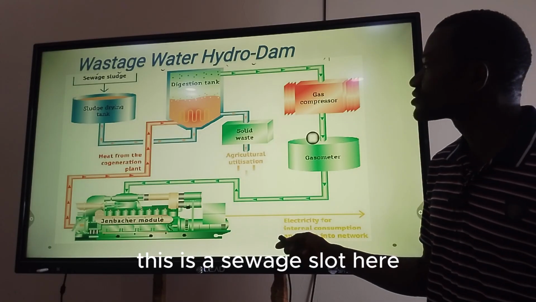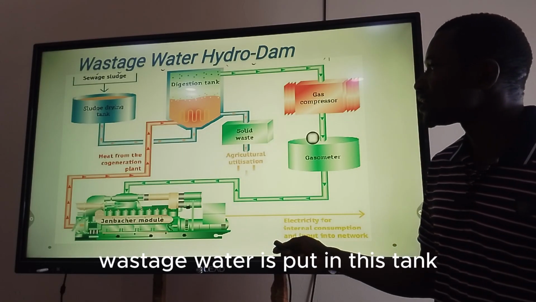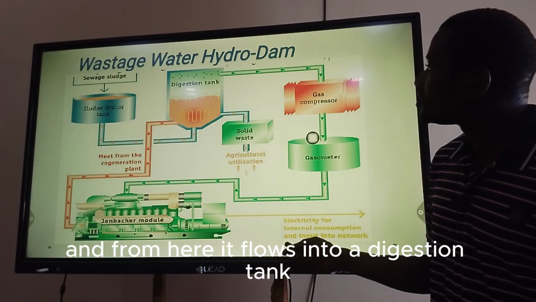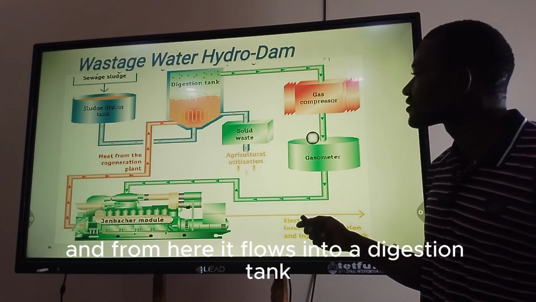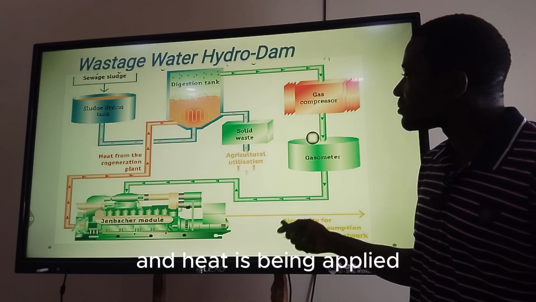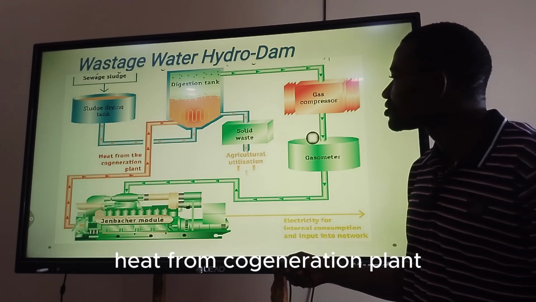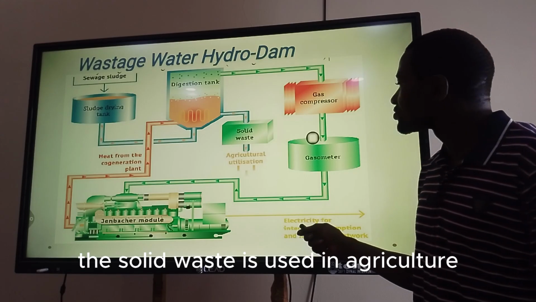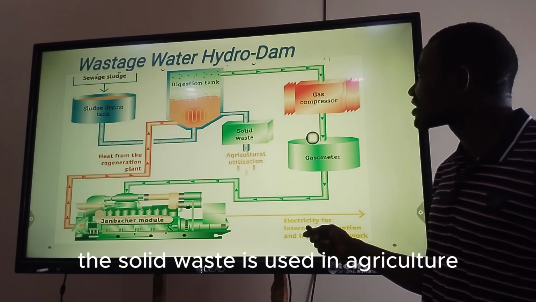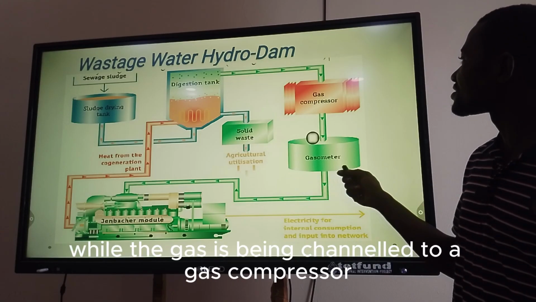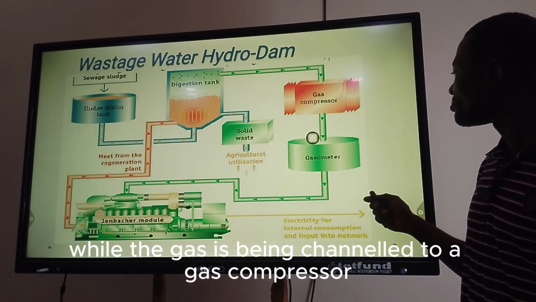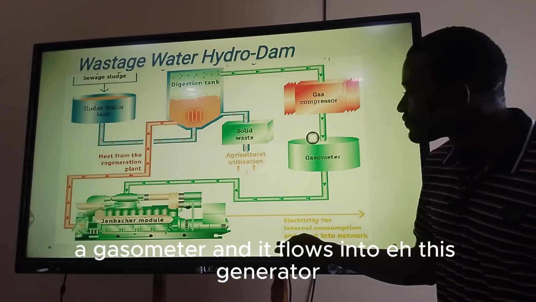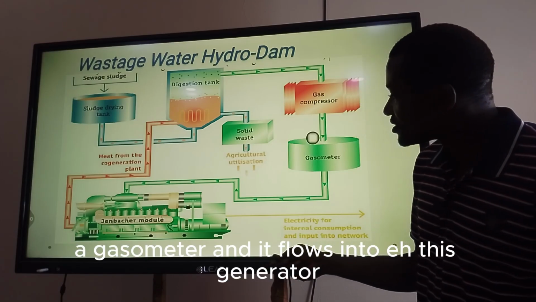This is sewage sludge. Here, wastewater is put in this tank, and from here, it flows into a digestion tank, and heat is being applied, heat from a cogeneration plant. After heating in the digestion tank, the solid waste is used in agriculture, while the gas is channeled to a gas compressor, and from there to a gasometer, and it flows into this generator.